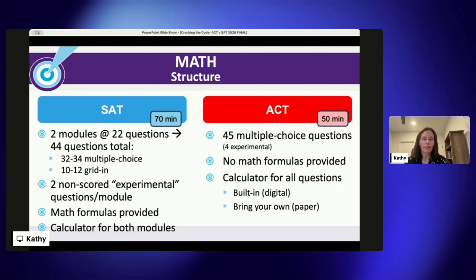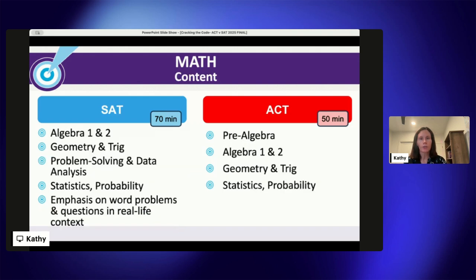Oh yes, and also for the ACT, you're going to have 45 multiple choice math questions, no grid-ins, and 4 of those are going to be experimental, meaning they're not going to count toward that overall math score.